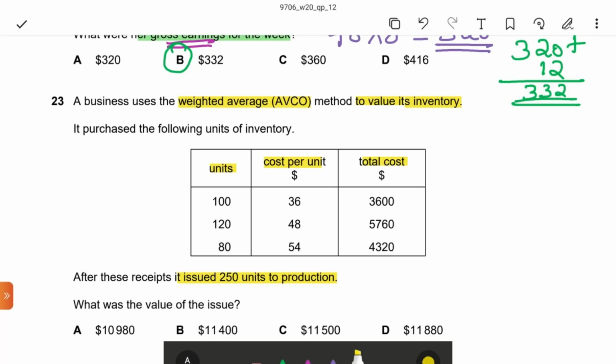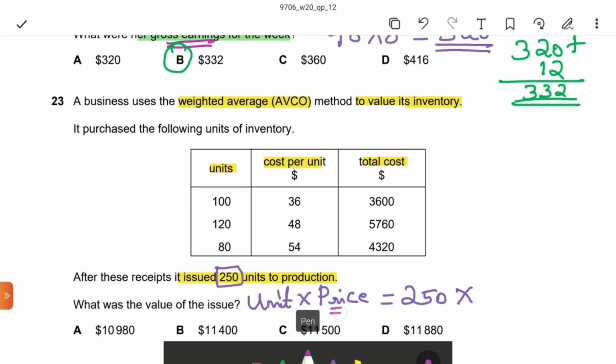What was the value of the issue? Value of the issue means units into price. Units is 250, multiply. What is the price?